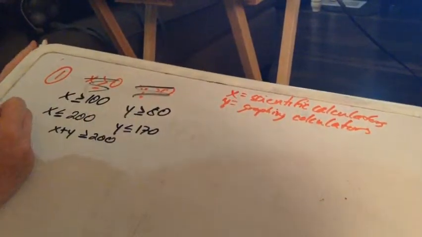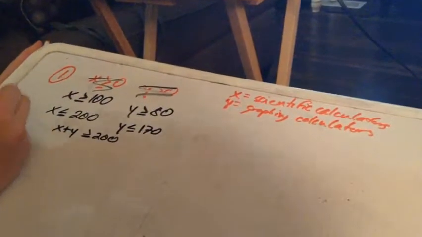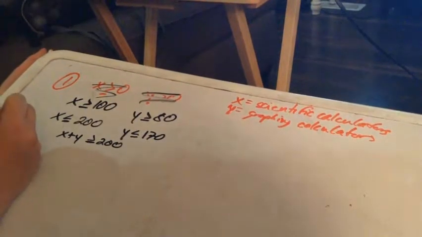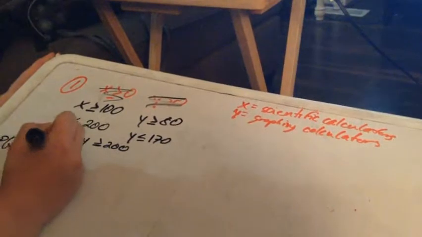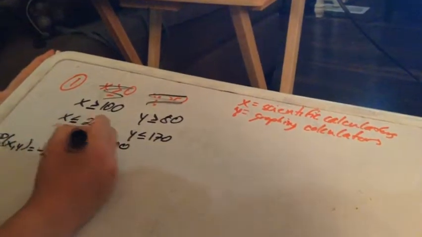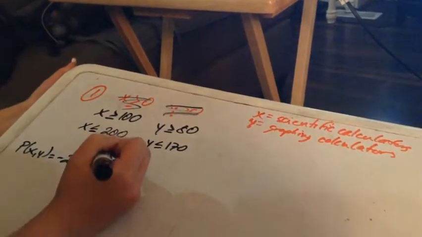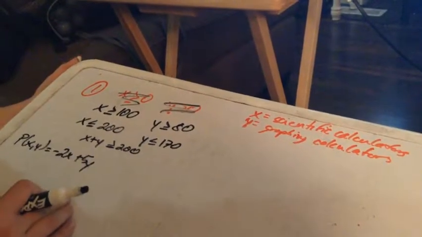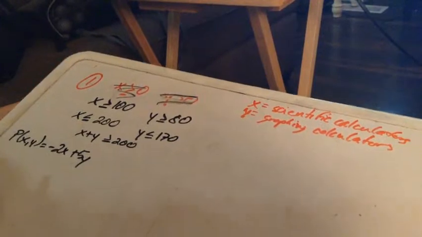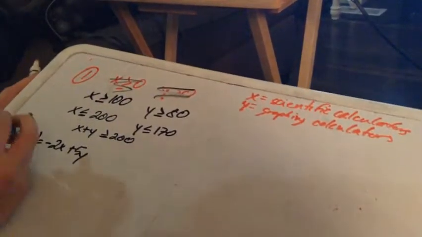So our objective equation is P equals negative 2x plus 5y. So we can simplify some of these equations so that they're easier to graph.